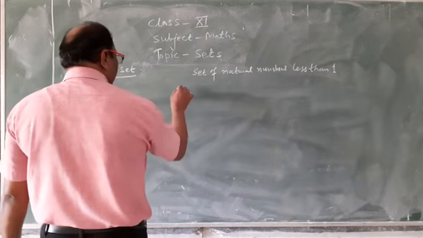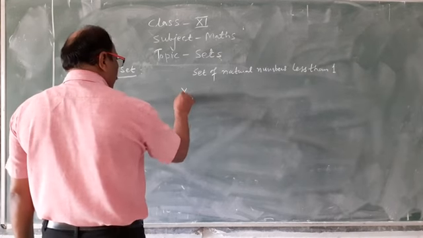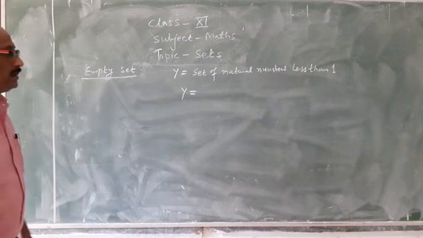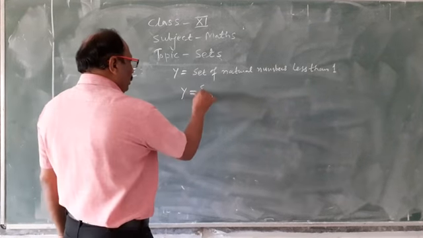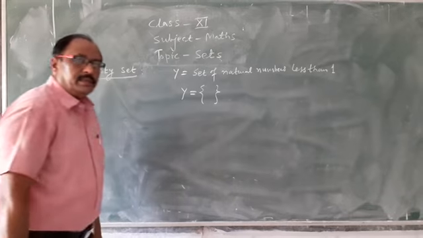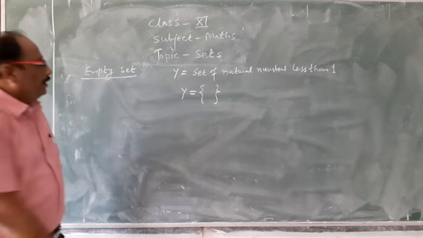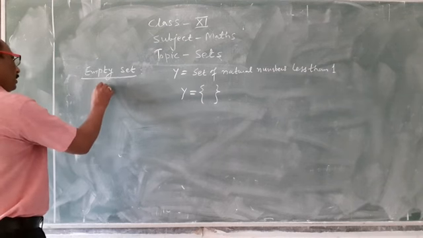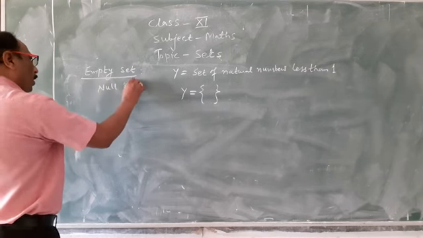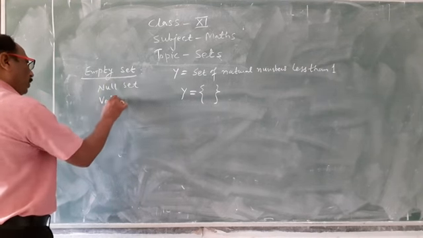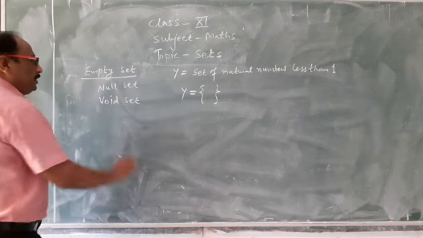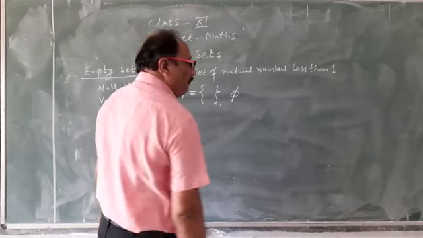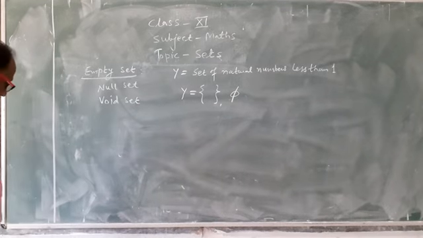Therefore, suppose Y is the set of natural numbers less than 1. That means no element will be there, so the set will be empty. Empty set means null set or void set. This set can be written as the empty set, or null set.